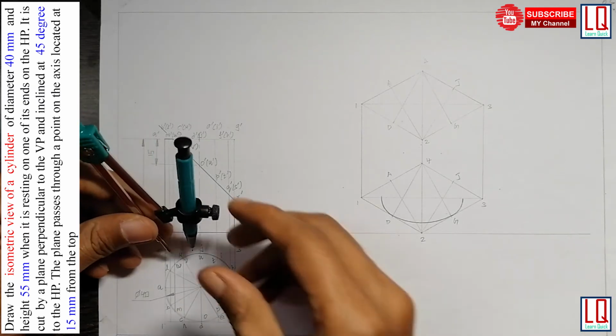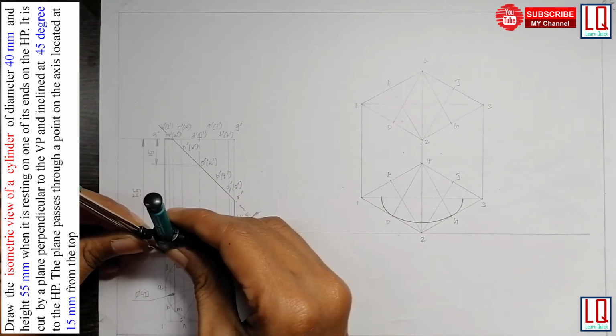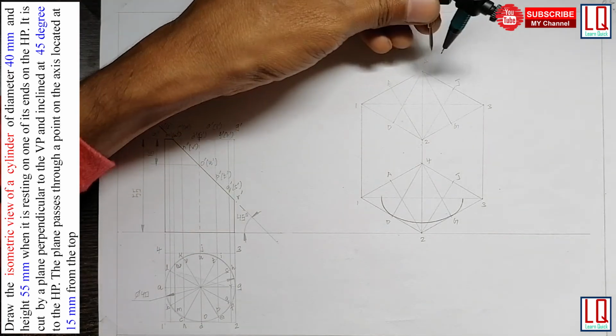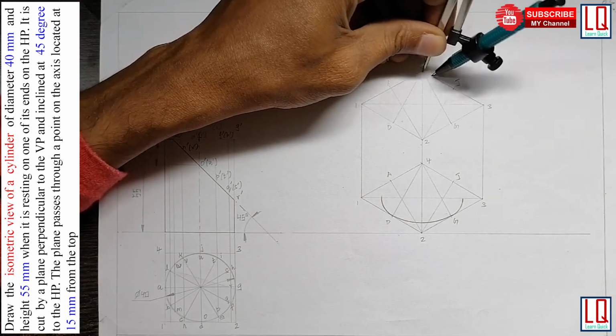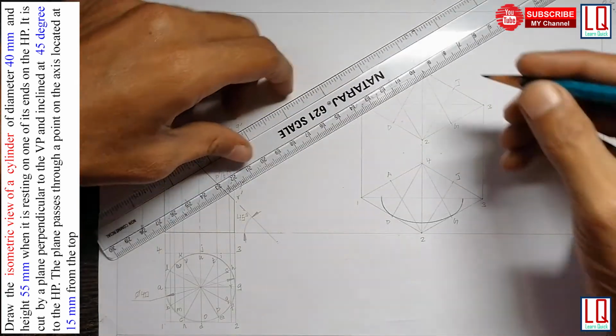To do that, measure the distance between 4 and the line W and then mark here, and now create a reference line.